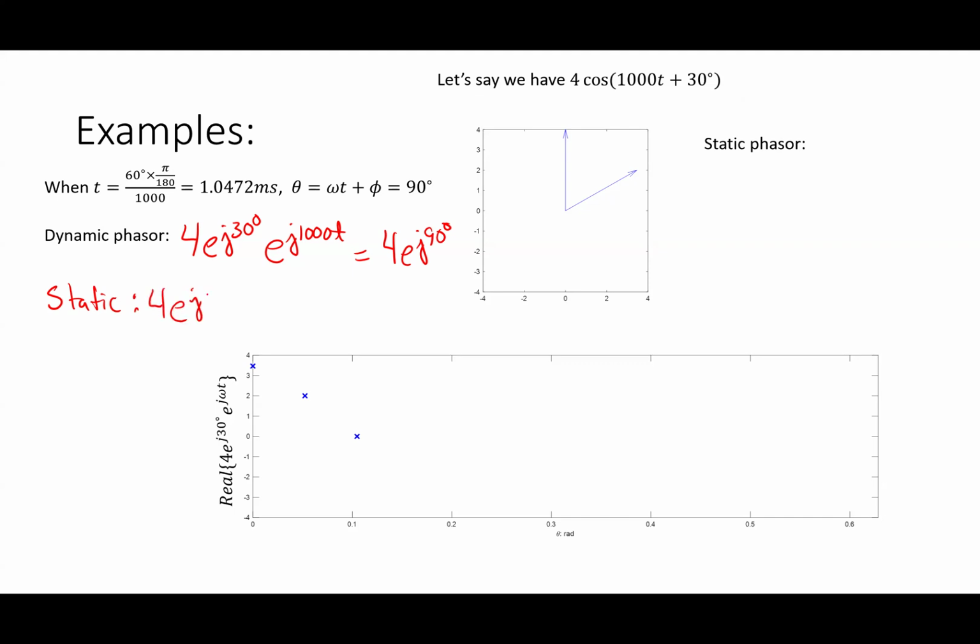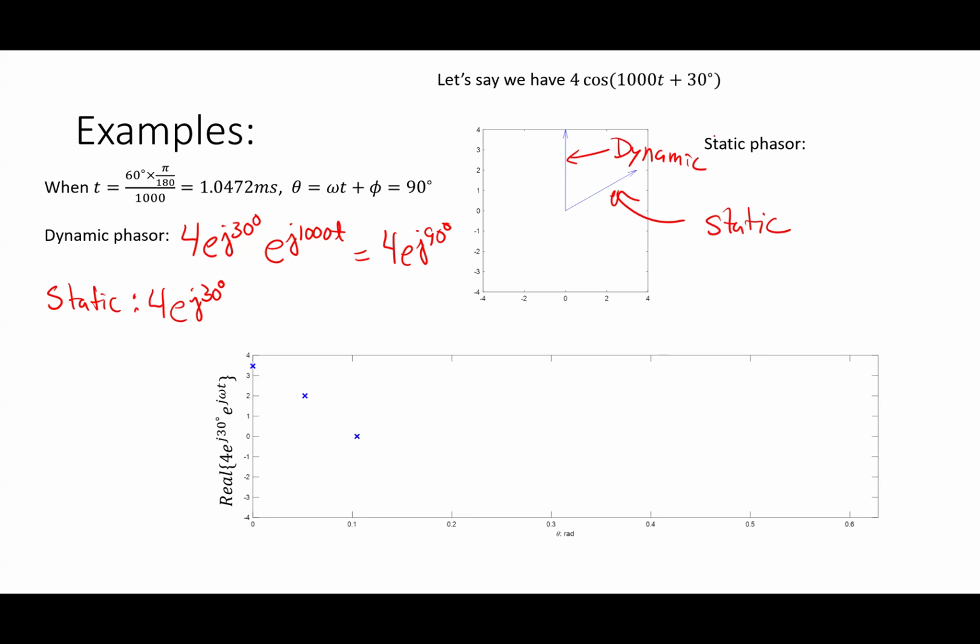So which ones have I shown in this picture? This is the static, right? Because it's at a 30-degree point. This guy over here is the dynamic, right? So at this particular point in time, the dynamic is rotated so that it's pointing straight up, has an angle of 90 degrees, okay?